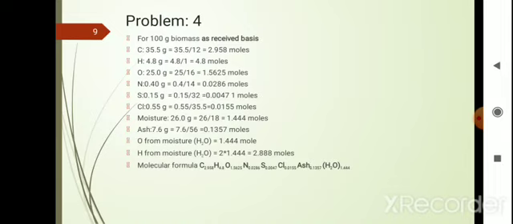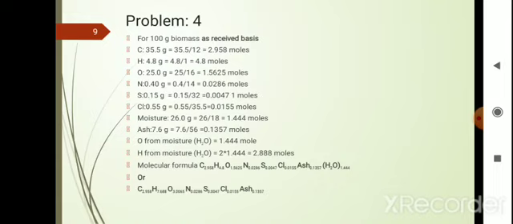Or we can convert this moisture into hydrogen and oxygen and add this hydrogen and oxygen to the first hydrogen and oxygen. We can write it this way also. This is the same as the previous one, carbon 2.958. Hydrogen is changed, since we are adding the hydrogen contributed by the water, moisture, to the first hydrogen, 4.8.